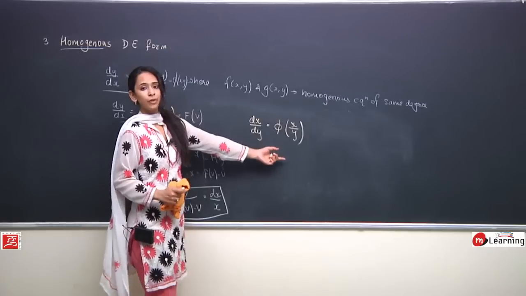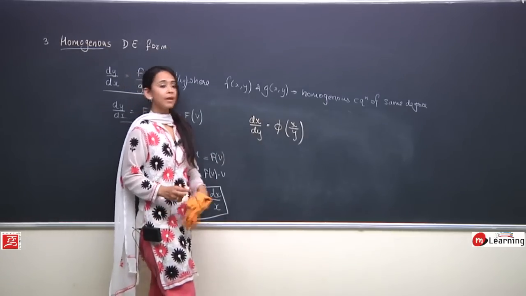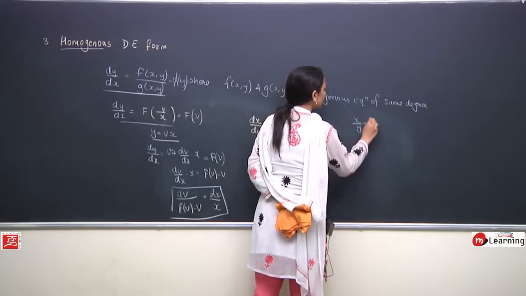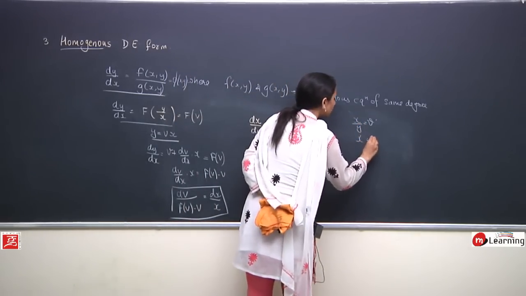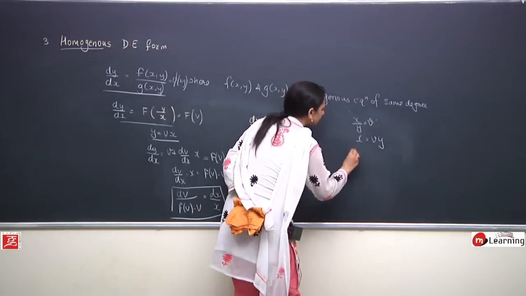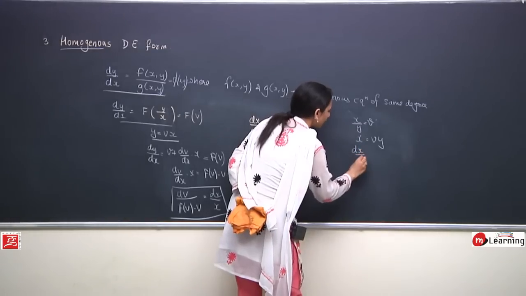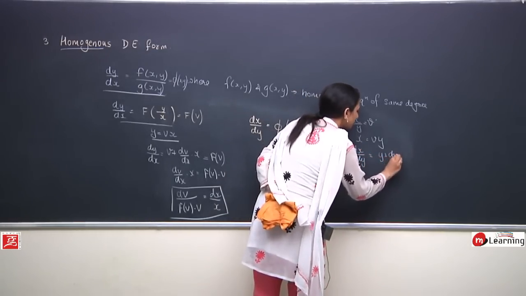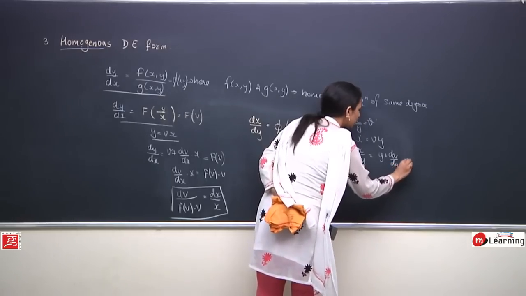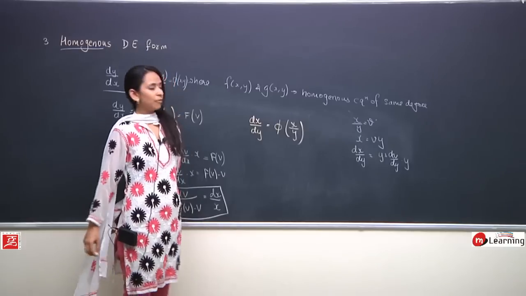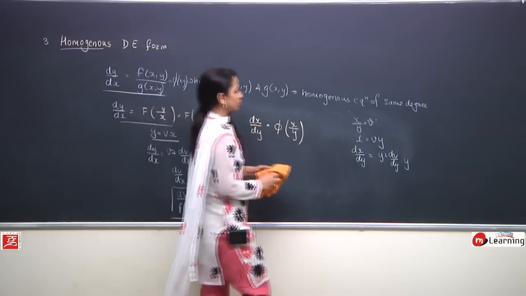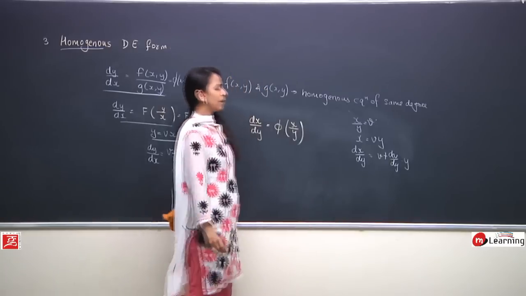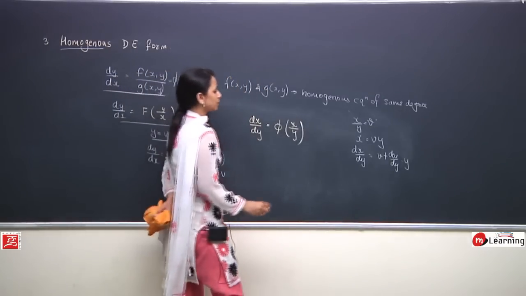So whatever result we will get would be the solution of this differential equation. Or if we write it in this form, that dx by dy is equals to function of x by y, so I'll write x by y is equals to v, or x is equals to, let us say, vy. So we'll say dx upon dy will be equals to v plus dv by dy into y.